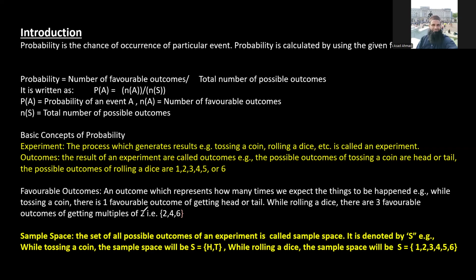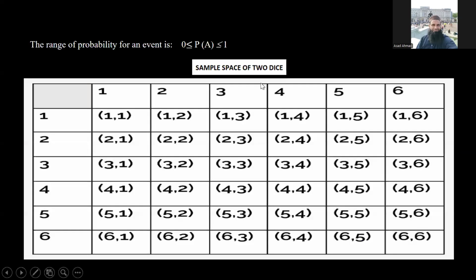Next, I have to explain the concept of the sample space of two dice. And we will also see that the probability for any experiment ranges from 0 to 1.